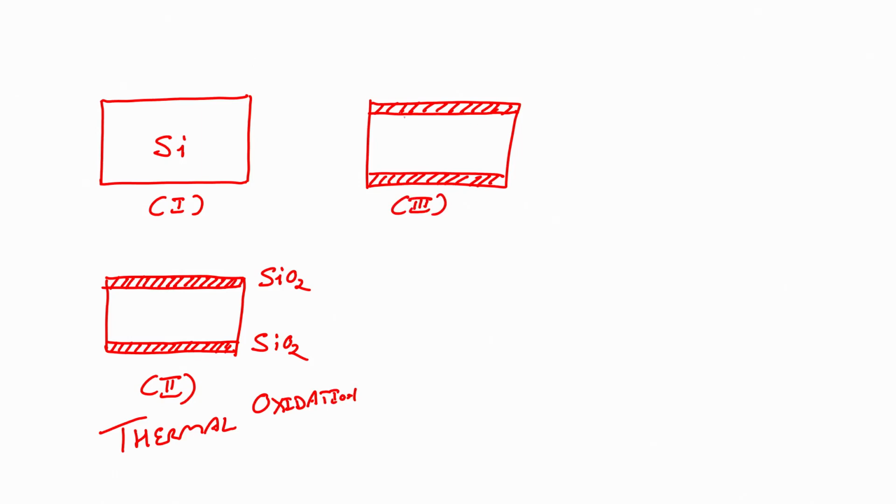Stage 3, what do we do? We will deposit a metal. This metal is for our heater, so I will say nichrome. All right. Let me give some design to this so that we can understand the difference. After this I need to perform a photolithography technique to fabricate a heater.